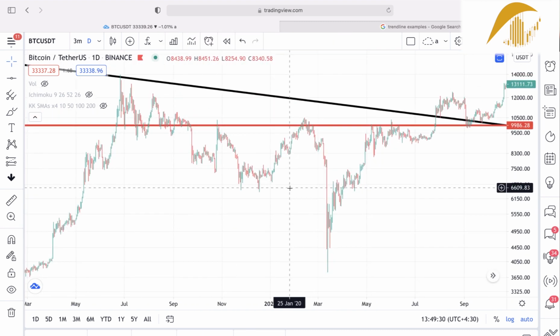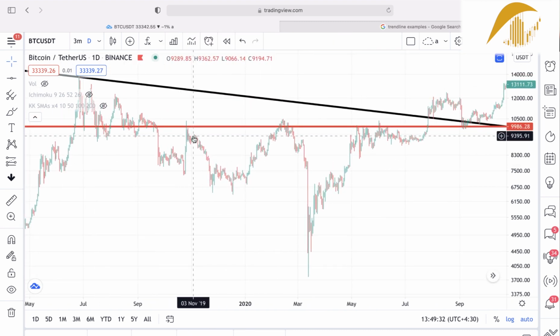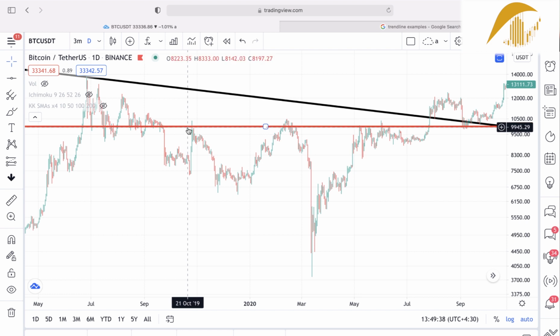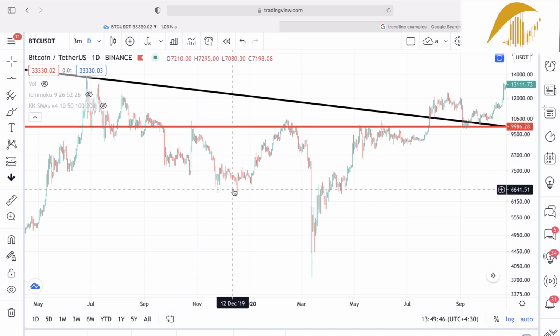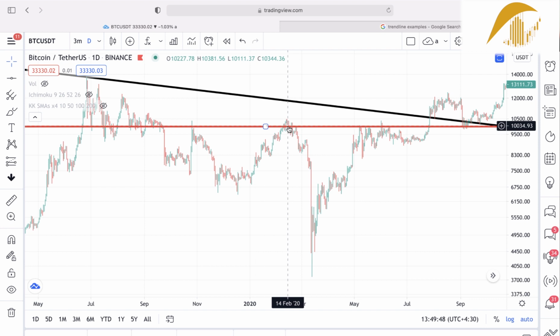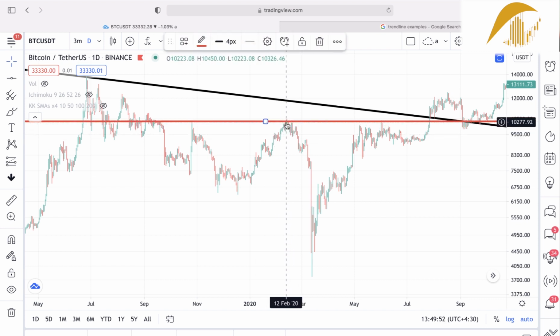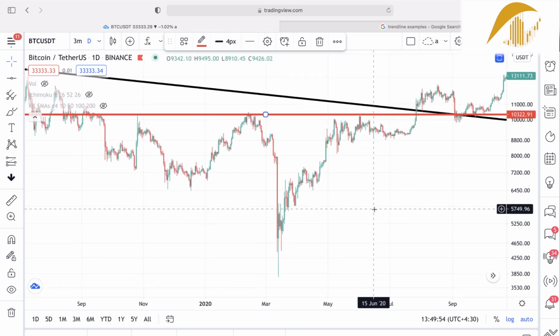The price of Bitcoin hit this level and has fallen down, okay? The price of Bitcoin hit this level on 25th of October and fallen down. The price of Bitcoin hit this line again, hit this area again, 10K area, and fall down.